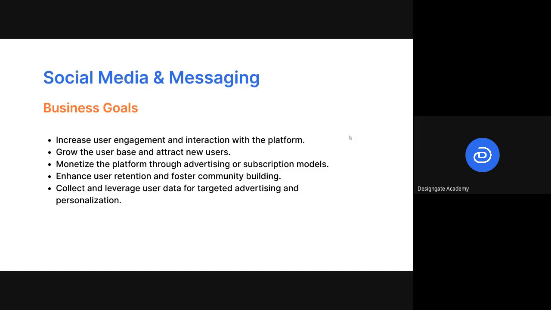Their business goals include increasing user engagement and interaction with the platform, growing the user base and attracting new users, monetizing the platform through advertising or a subscription model, enhancing user retention and fostering community building, and collecting and leveraging user data for targeted advertising and personalization.